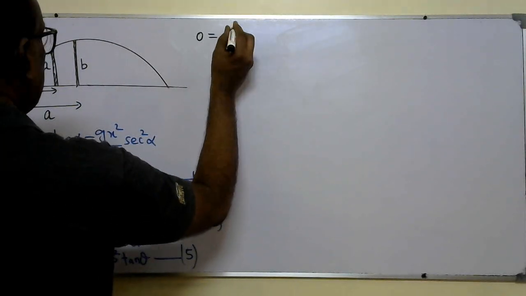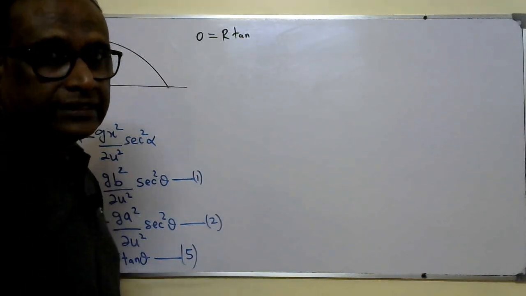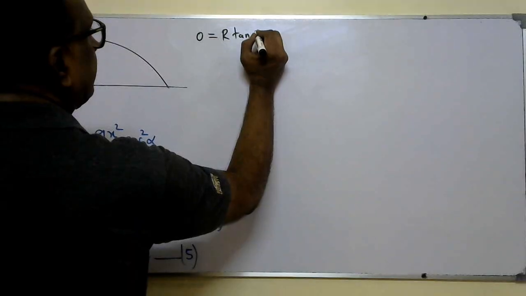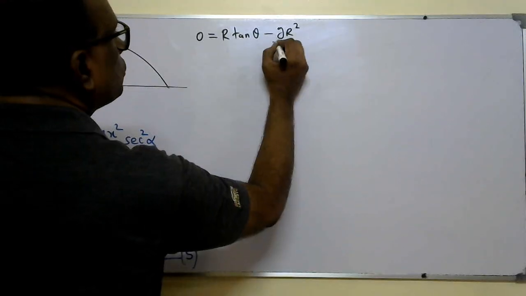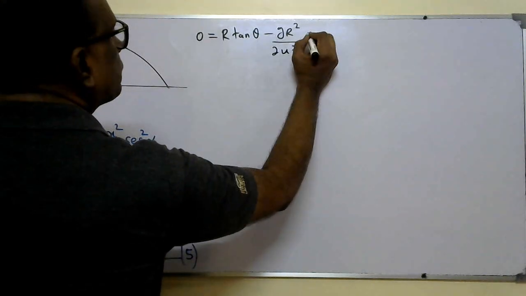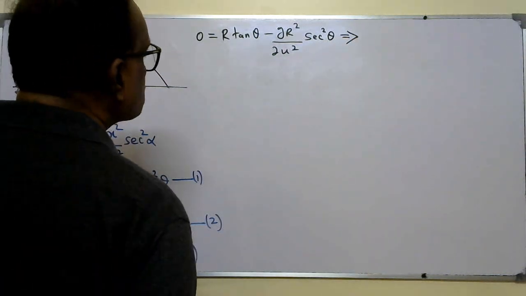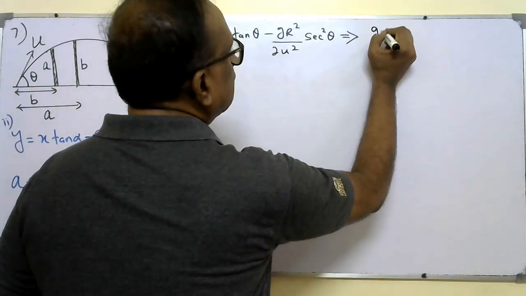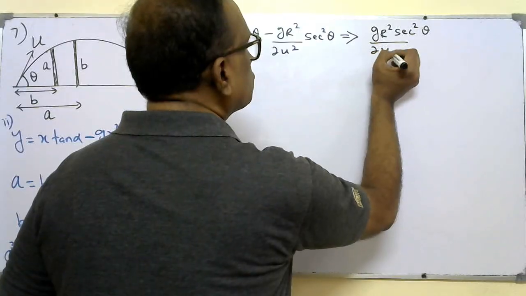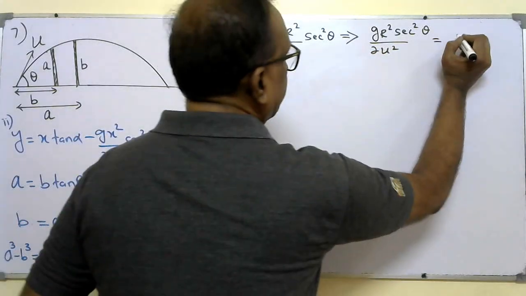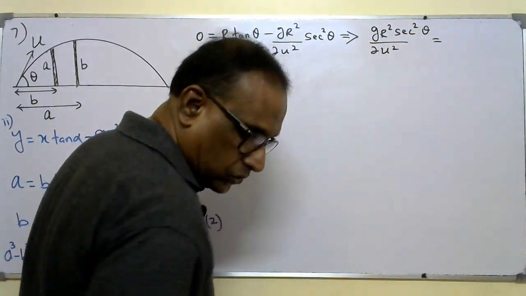So 0 equals r tan theta, r is the range, that's the question, we need to show r equals something, right? r tan theta minus g r squared over 2u squared sec squared theta. So I can divide the whole equation by r.